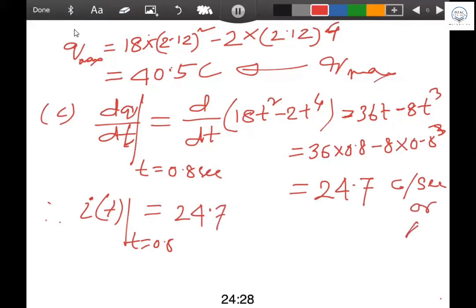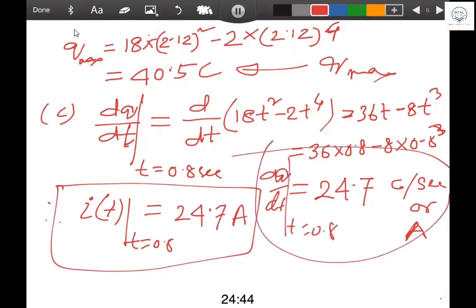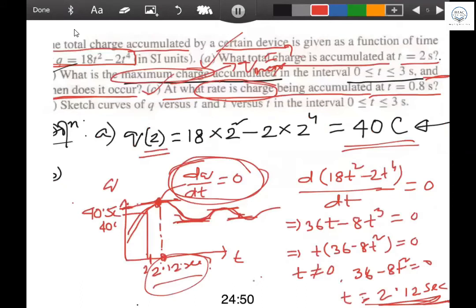This is the current, or the rate of change dq by dt at time t equal to 0.8. So the answer is 24.7 coulomb per second, or the current at 0.8 is that value.